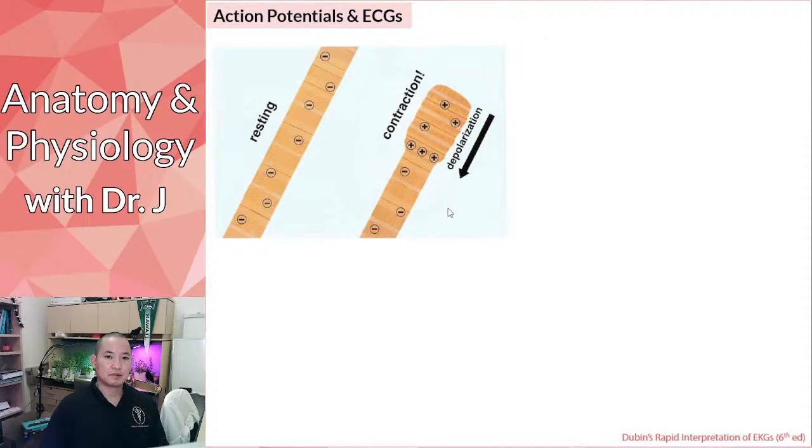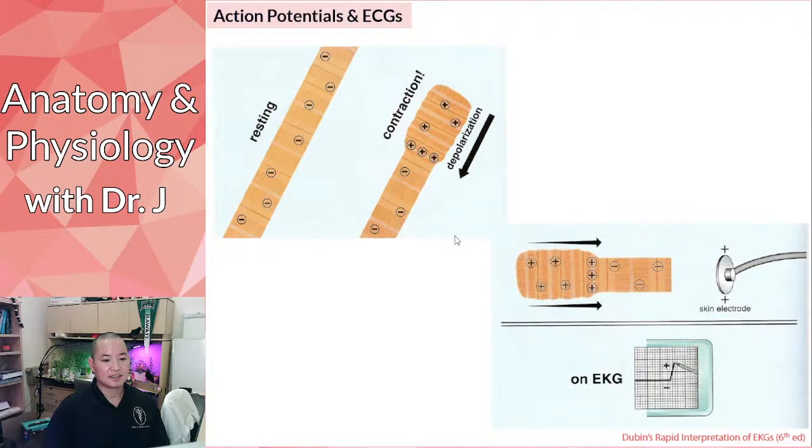So this depolarization causes a relative positive charge inside the cell. The electrodes that feed into the EKG are able to detect this positive charge. So if you have this depolarization and the inside of the cell becoming more positive, that causes the EKG to flick up. That represents a positive change in membrane potential.